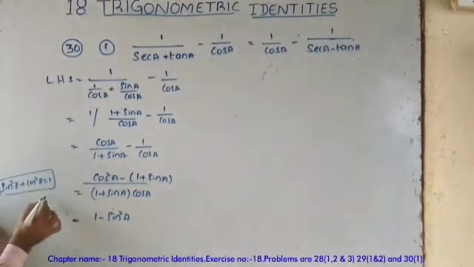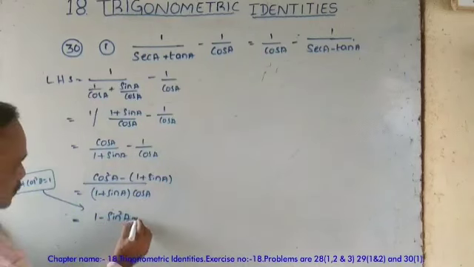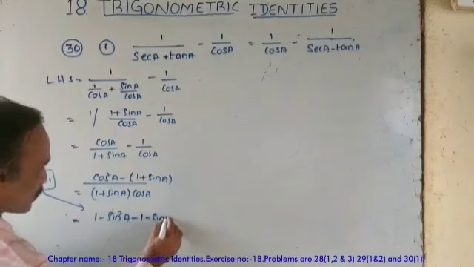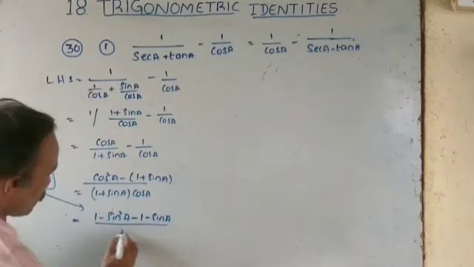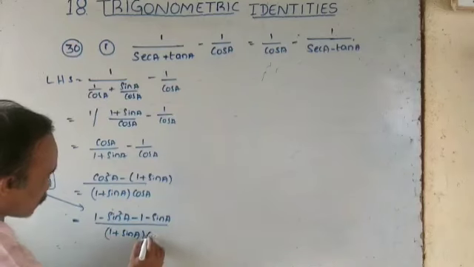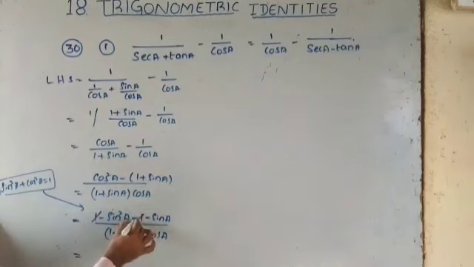By using this identity, cos square A can be written as 1 minus sin square A, plus minus 1 minus sin A, divided by 1 plus sin A into cos A. So this is equal to, plus 1 minus 1 gets cancelled.